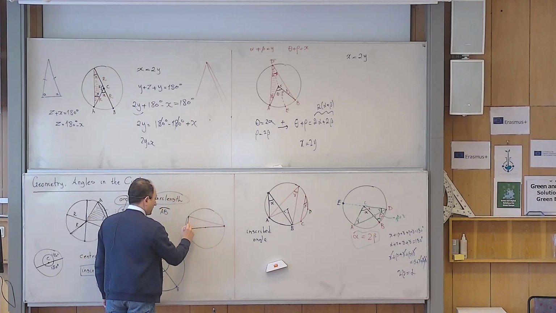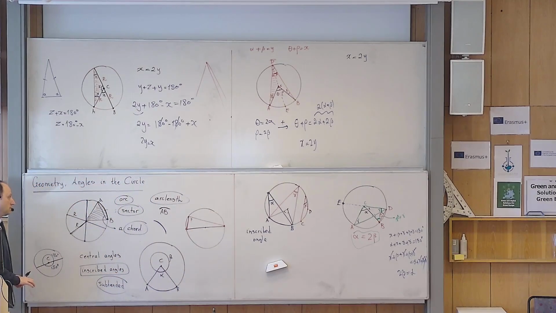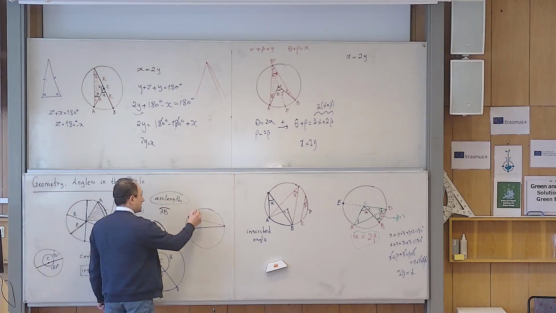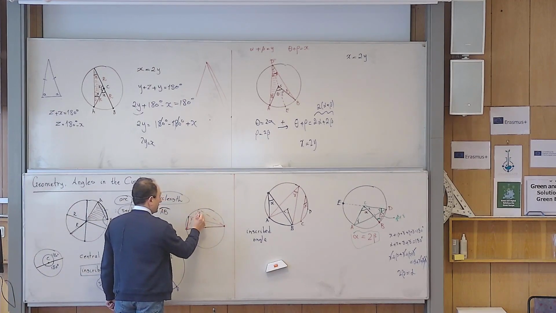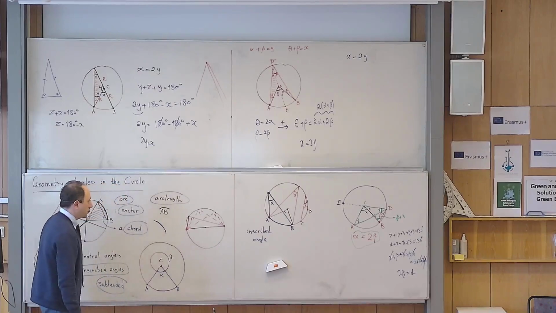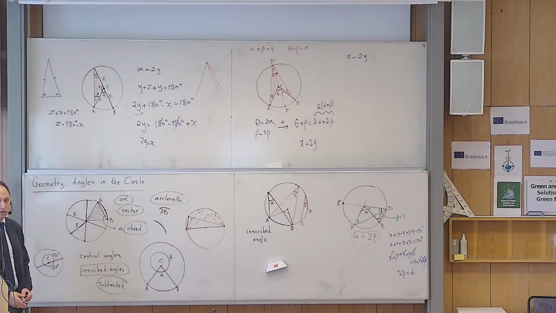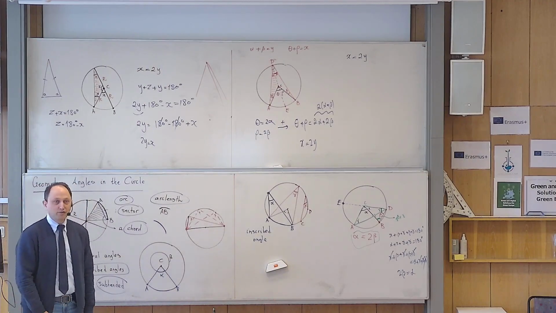Is there something I can say about this angle? Something completely concrete and definite. Or you might say that no, it depends on where I choose the random point. If I choose the random point here, this angle might be different. If I choose the point here, you might say that this angle might be different. Can I say something about all these question mark angles? First of all, do you see that they have to be all equal?